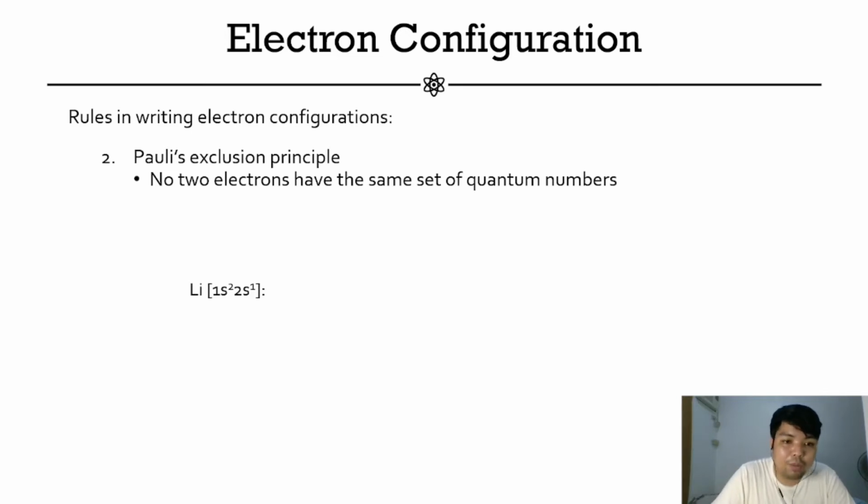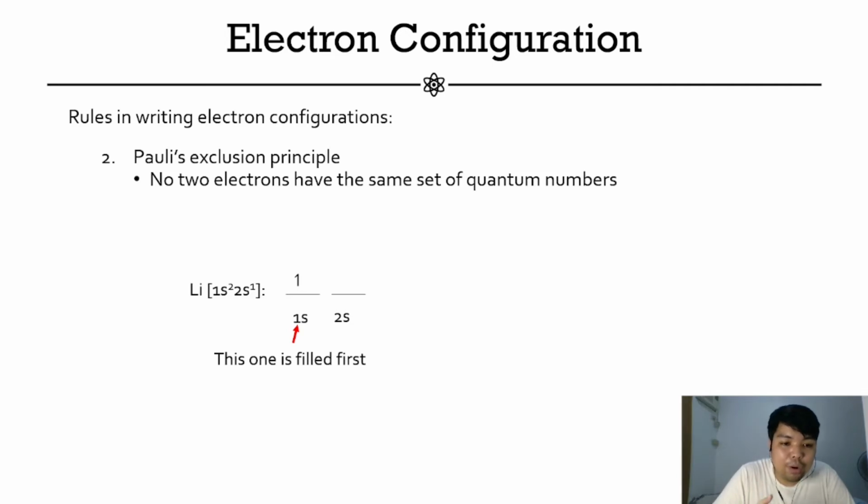When we draw orbital diagrams, we first place blanks and under those blanks we indicate the orbital representing that blank. Here we have 1s and 2s. Since 1s has a lower principal quantum number than 2s, it is the one that is filled first. So we place that one here.